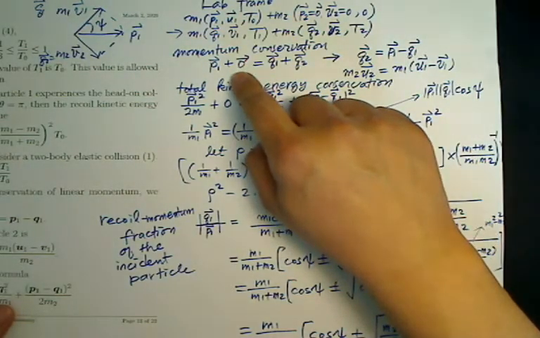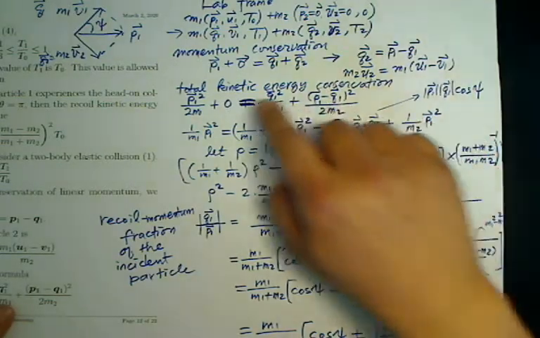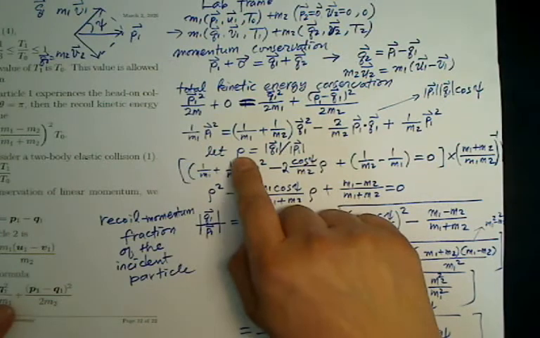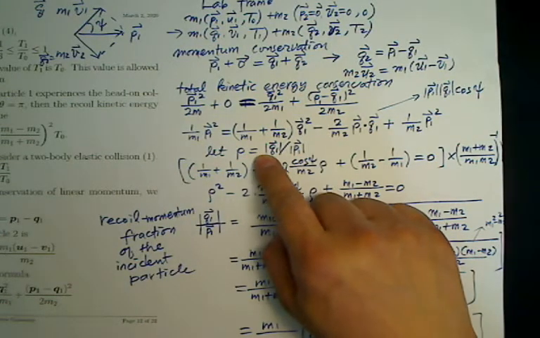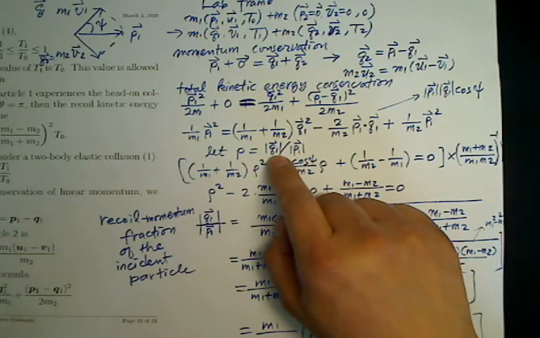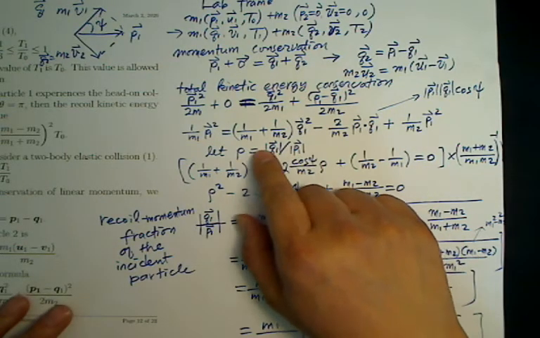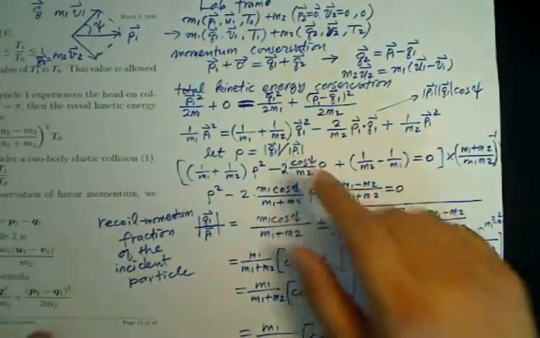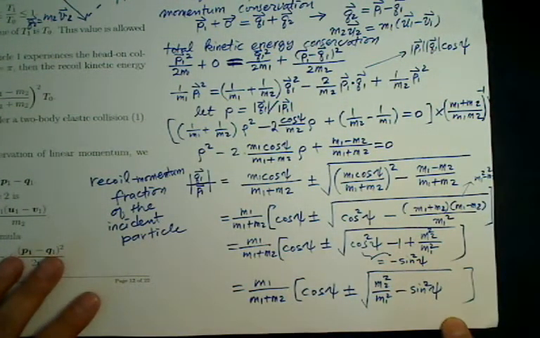This one is the lab frame. Q2 is replaced by P1 minus Q1. And if we expand all this, we can find the quadratic equation for rho. Rho is the ratio of the magnitude of Q1 to the magnitude of P1, the final to initial momentum magnitude ratio for particle 1, the incident particle. So, solving the quadratic equation, you find the answer.